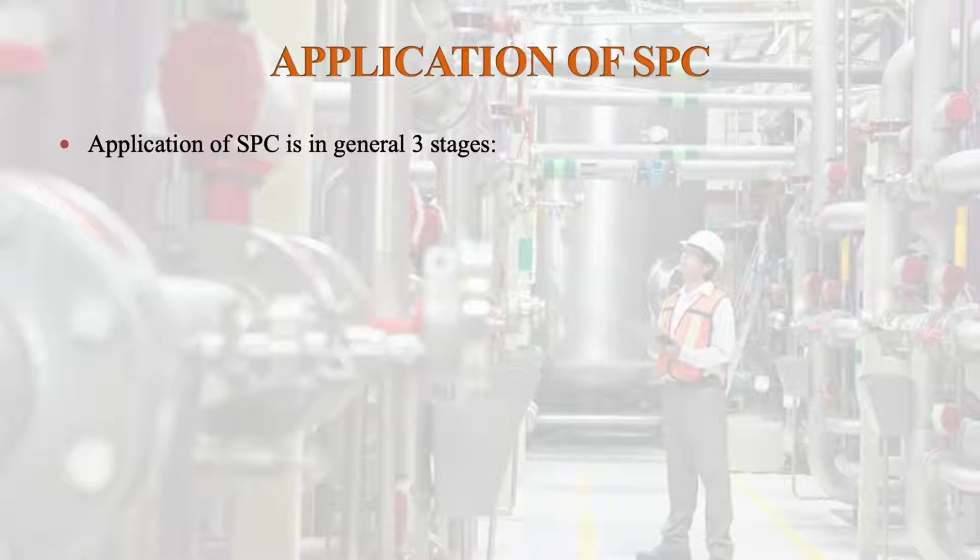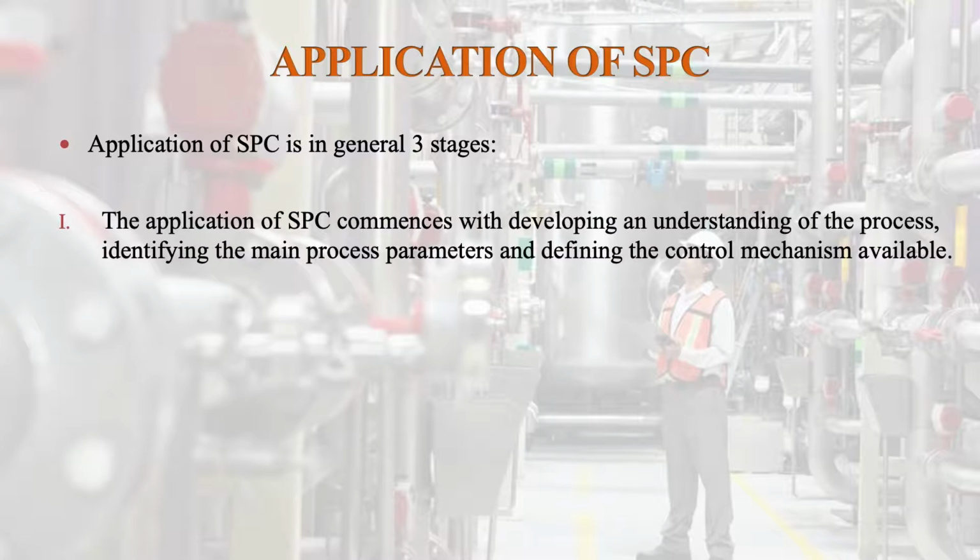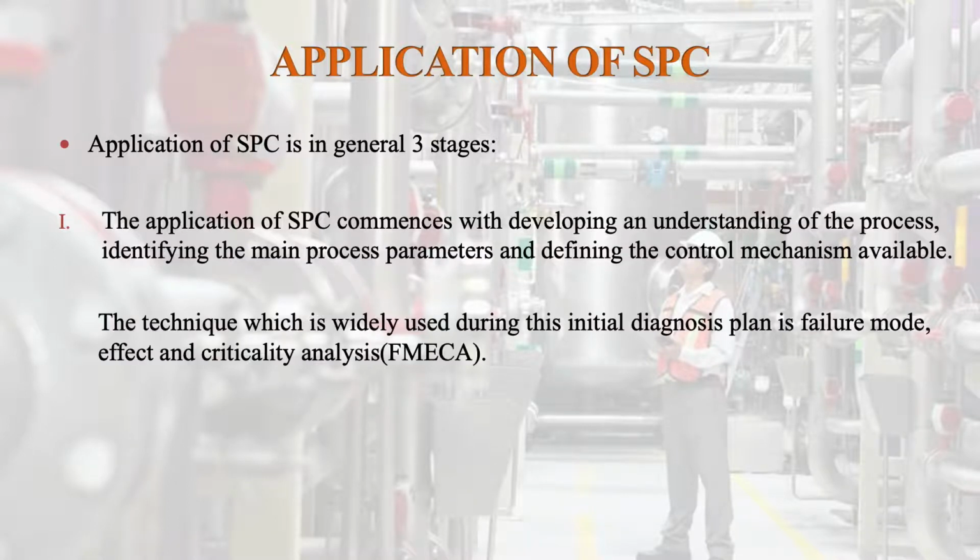Application of SPC in general, three stages. In the first stage, the application of SPC commences with developing an understanding of the process, identifying the main process parameters and defining the control mechanisms available. The technique which is widely used during this initial diagnostic phase is failure mode, effect and criticality analysis.